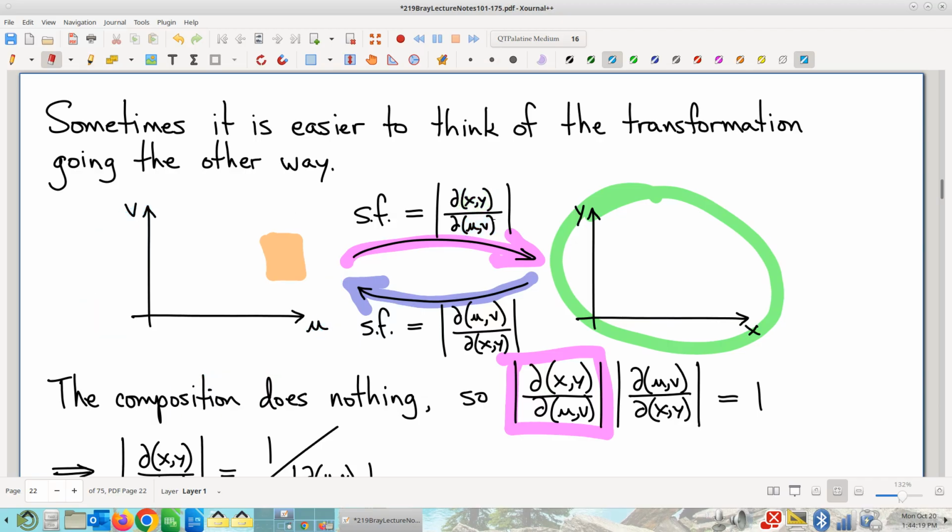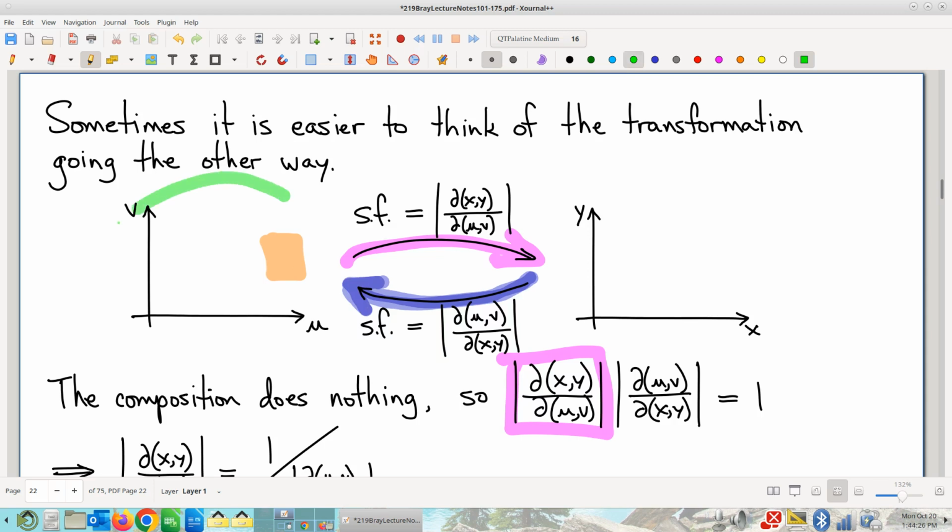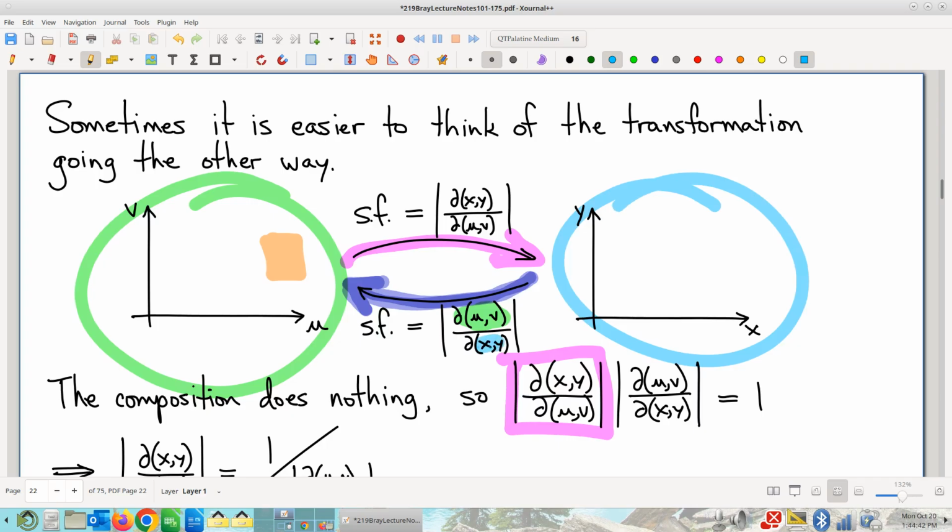So going the other way, when I come back, now all of a sudden u and v are the outputs. Does everybody see that? For this dark blue function going to the left, u and v are the outputs. And we'll take their partials with respect to x and y, which, when we're going to the left here, are the inputs. Right, so partial uv, partial xy is the factor going the other way.